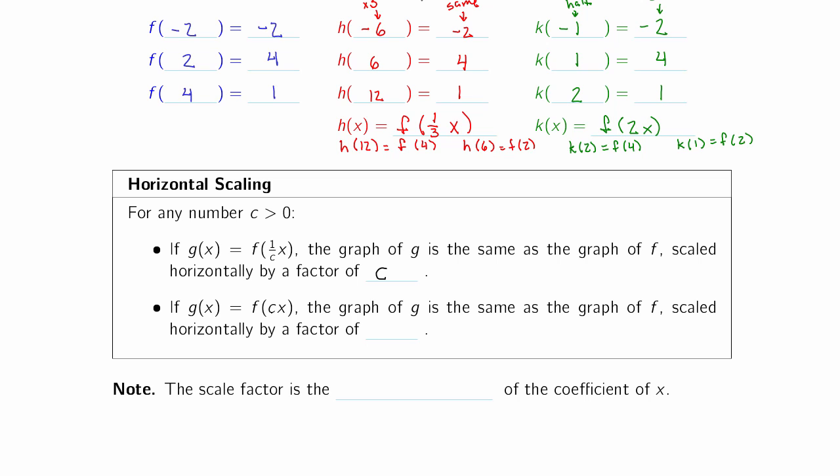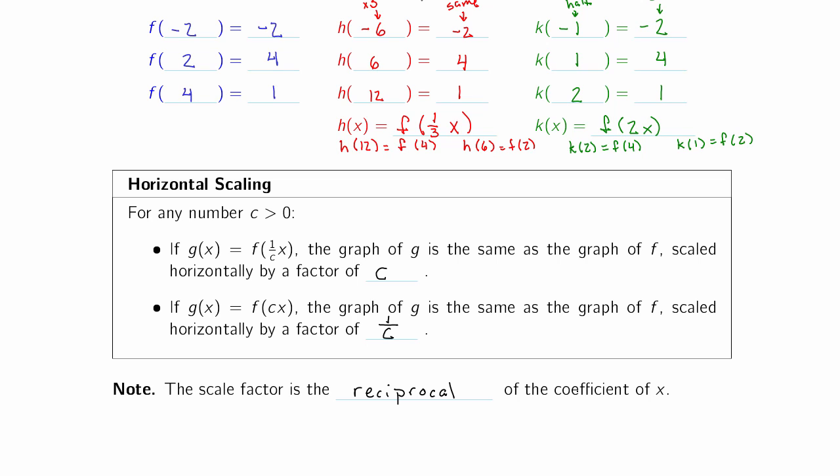If g is what we get when we multiply by c before we do f, then g is the result of scaling f horizontally by 1 over c. The scale factor is the reciprocal of the number that we're multiplying x by.